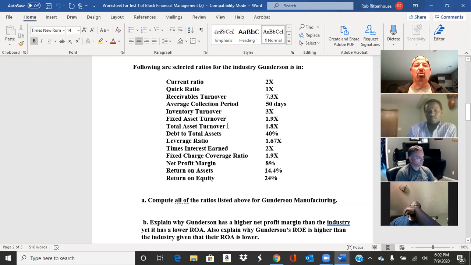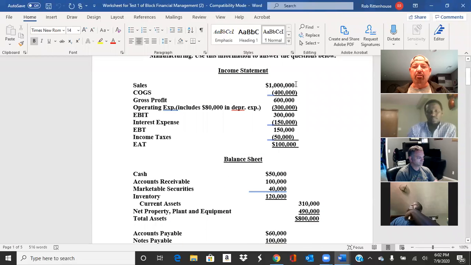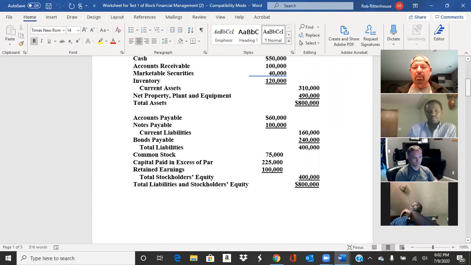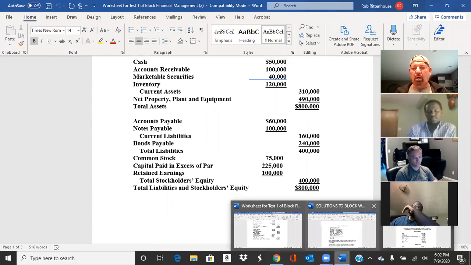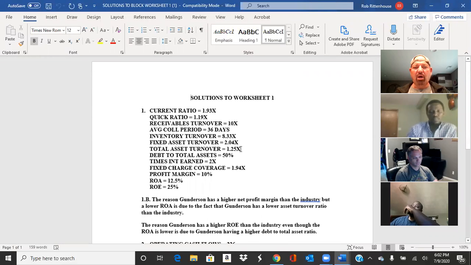Total asset turnover, which is sales over total assets. So again, take your sales of $1 million, divide that by the total assets down here of 800,000. $1 million divided by 800,000 is going to give us 1.25 times as a total asset turnover ratio.